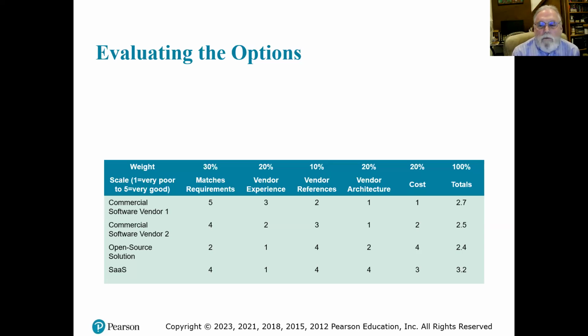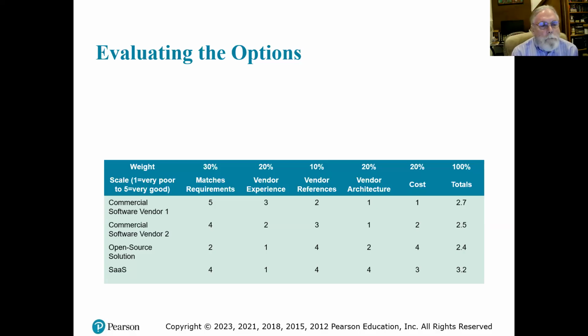Then you repeat the process for the other 4. And what you'll notice is the highest score on the totals is the last option. Now, what's interesting about that is that in terms of matching the requirements, they're not the highest score. They only got a 4, but they scored higher in the other areas.